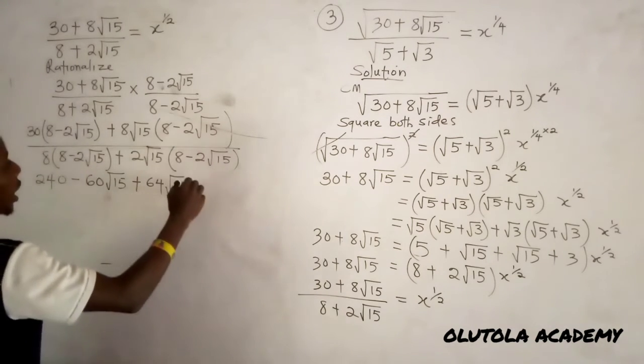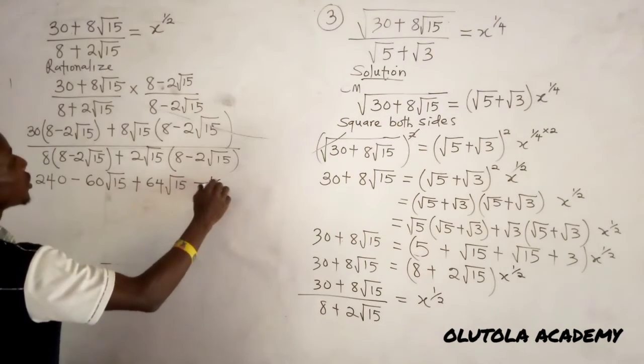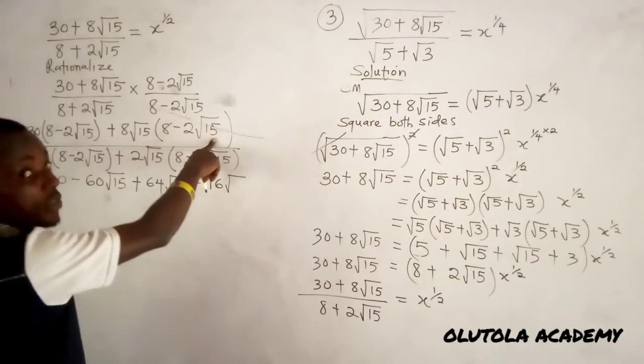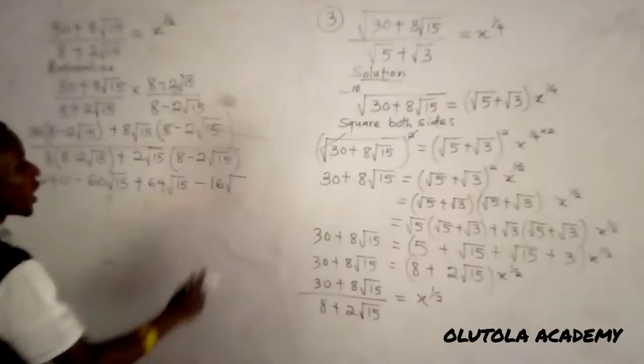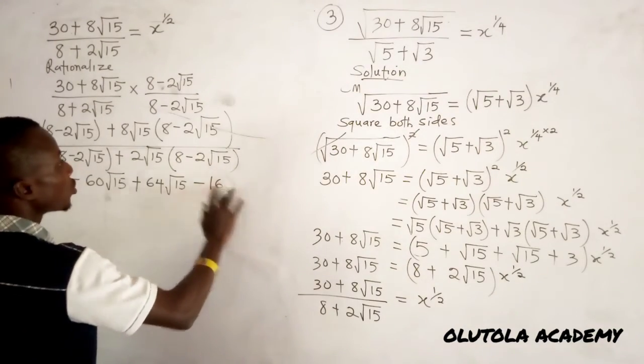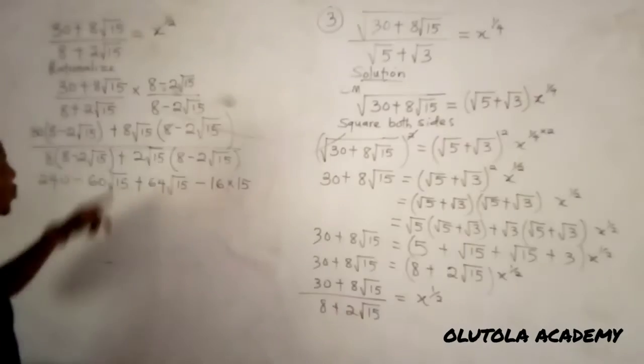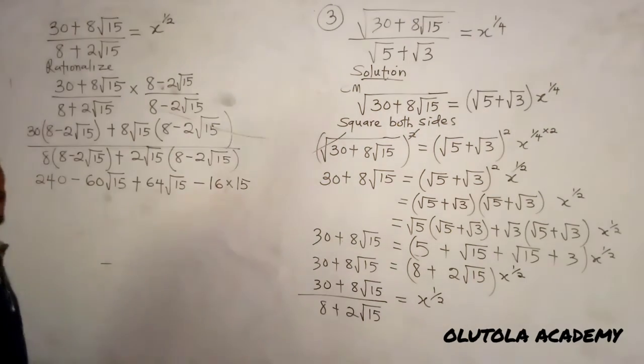Then this I have minus 16√15 times √15, which gives √225, so √15 times √15 gives us 15 here.